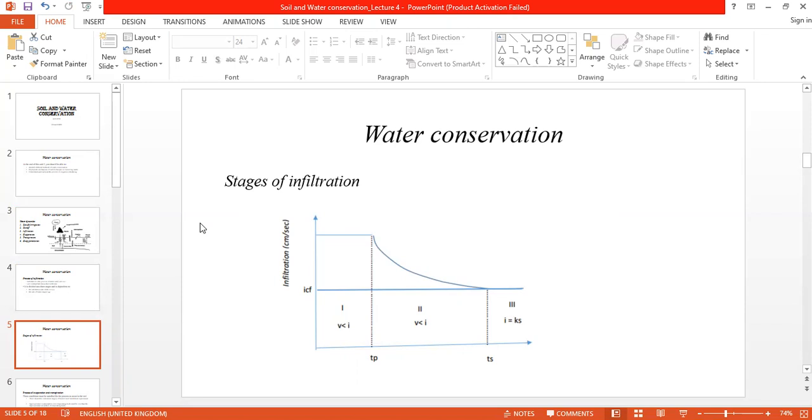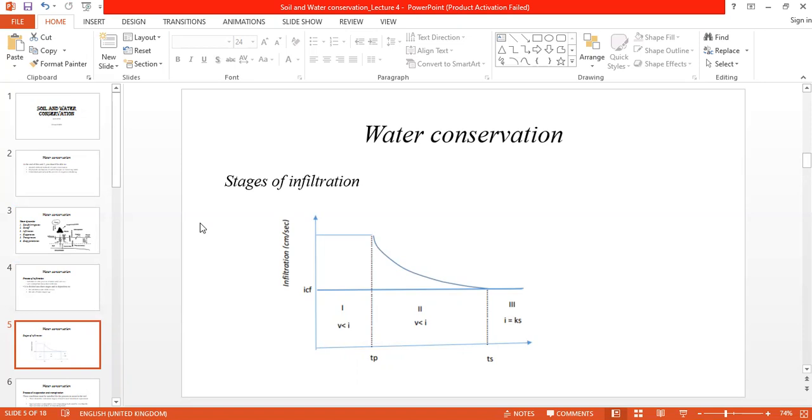So if the irrigation rate is 2 centimeters or 100 centimeters per second, that amount will also be the rate in the soil, because if you increase the irrigation, the soil can still take it. So there is a demand and supply.